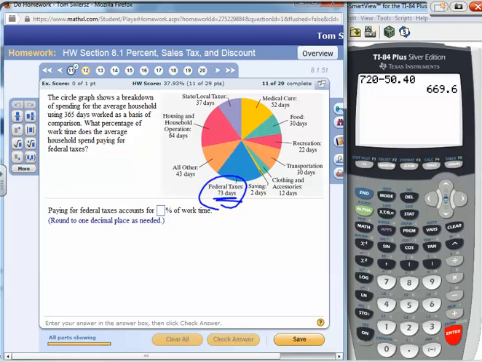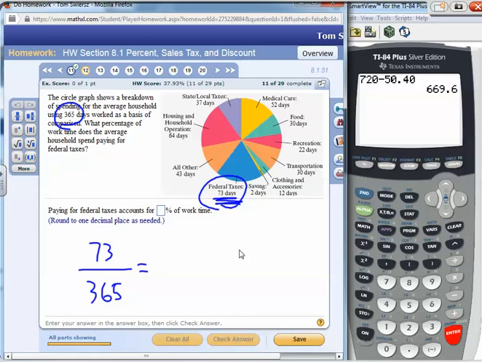It's 73 days, right? So the amount of time for federal taxes is how much divided by the total, right? The percent is the amount divided by total, and again, of course, total is for the entire year, 365. So we'll divide these two and then multiply by 100 to turn it into a percent.